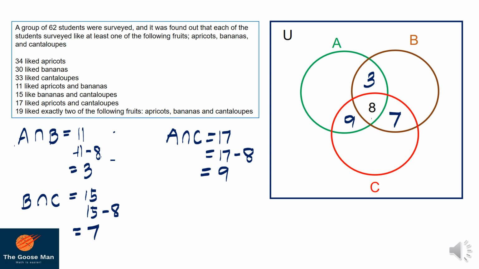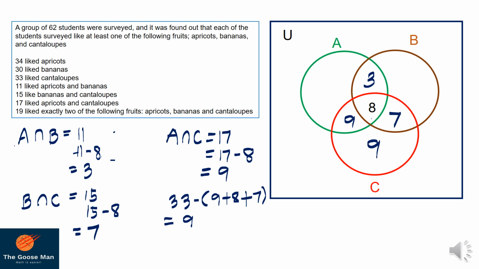To find the cantaloupes only, since we have already 9, 8, and 7, we can rewrite that as 33 minus the sum of 9 plus 8 plus 7. This will give us a value of 9. So the cantaloupe only is equal to 9.